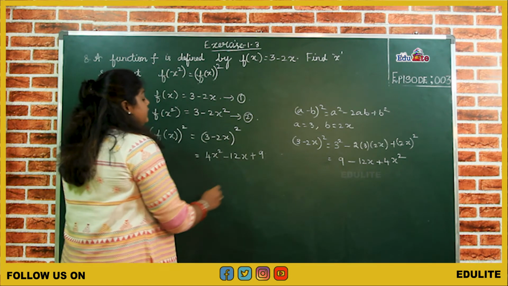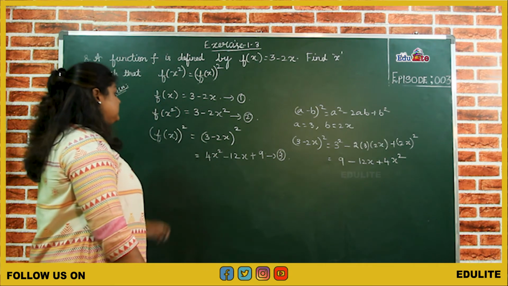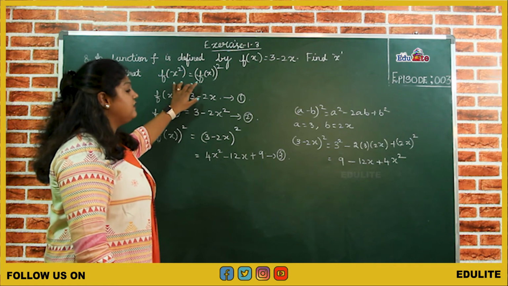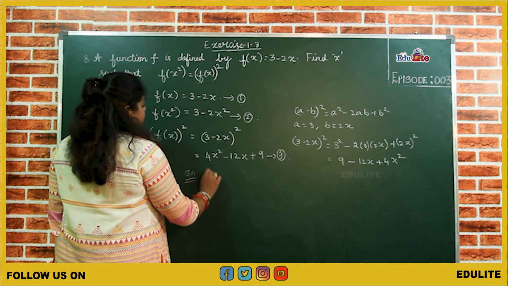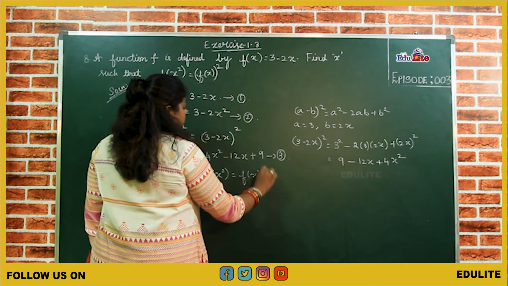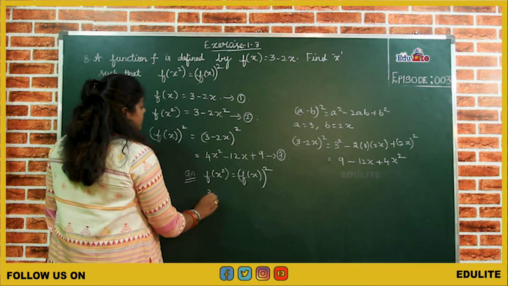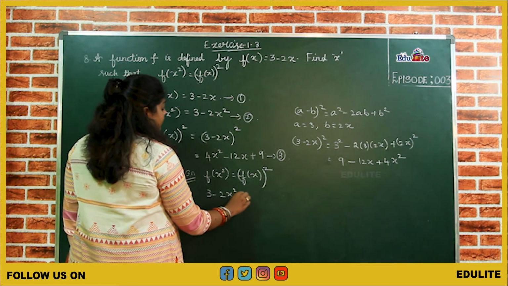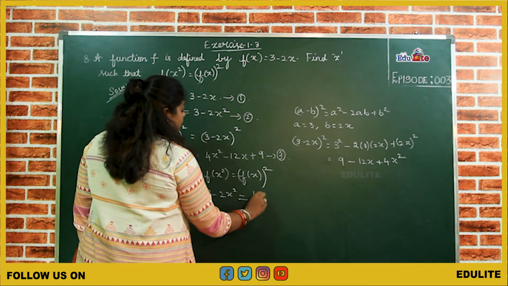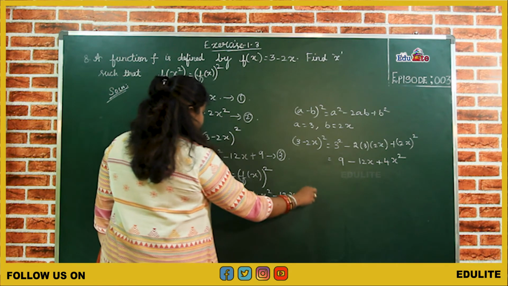Now we know the value of this, we will consider it as equation 3. Now we know the value of f of x square and f of x whole square. Substituting in this relation, we will find the value of x. f of x square equals f of x whole square. f of x square is the second equation, 3 minus 2x squared. f of x whole square is 4x square minus 12x plus 9.